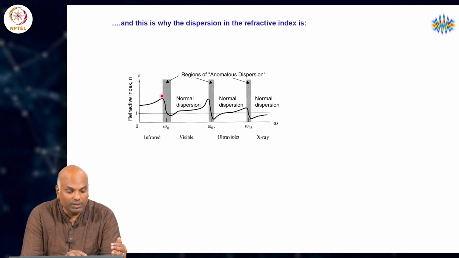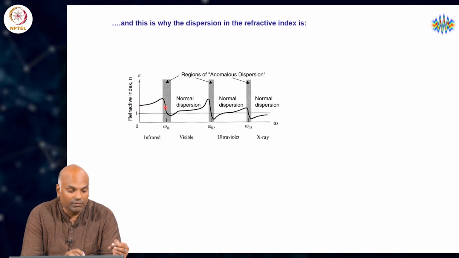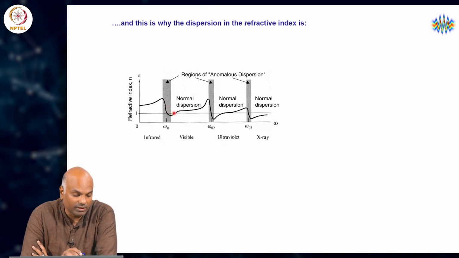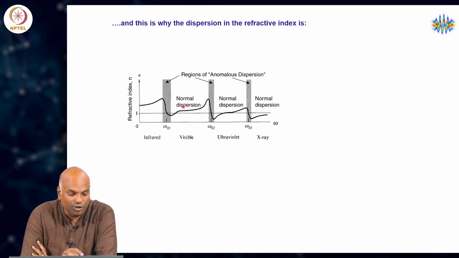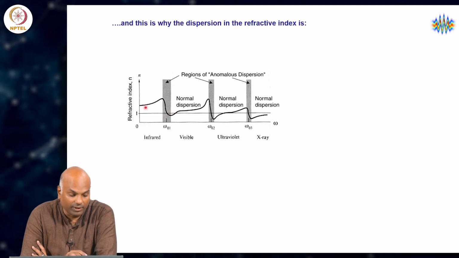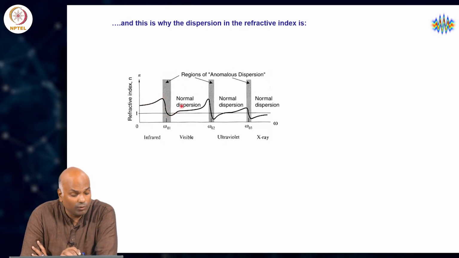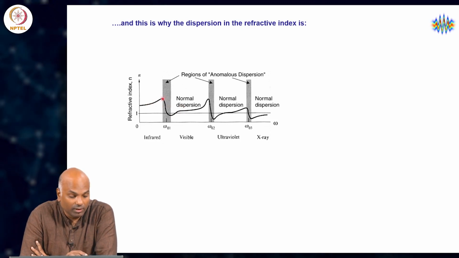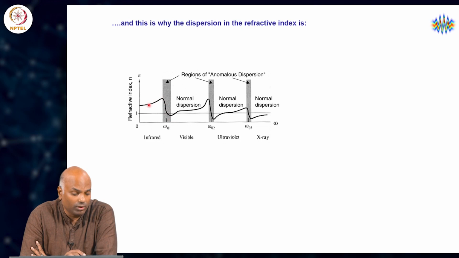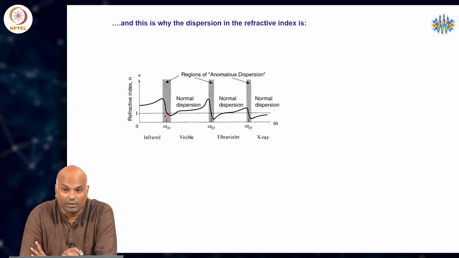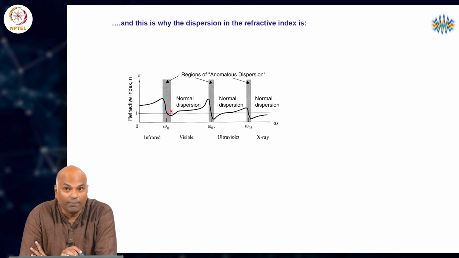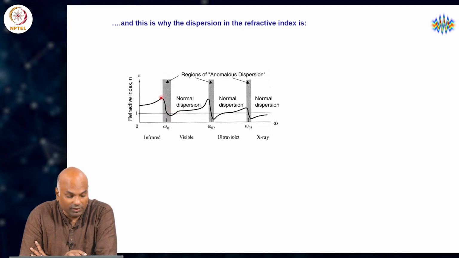Normal dispersion is when the refractive index increases with frequency, whereas anomalous dispersion is when it decreases with increasing frequency, owing to the z shape of the real part of the refractive index. You can think of this in terms of the displacement of the electron cloud, or likewise in terms of the polarization vector field, or in terms of the refractive index itself as a function of frequency.